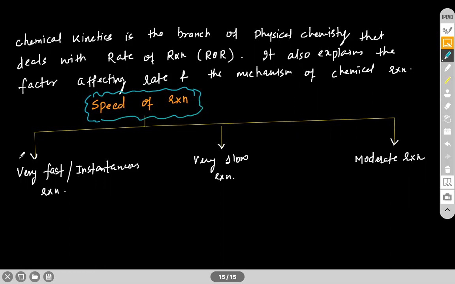Moderate reaction, we also call molecular reactions. Very fast reaction, we call instantaneous reaction, and the other name of this is ionic reaction also.